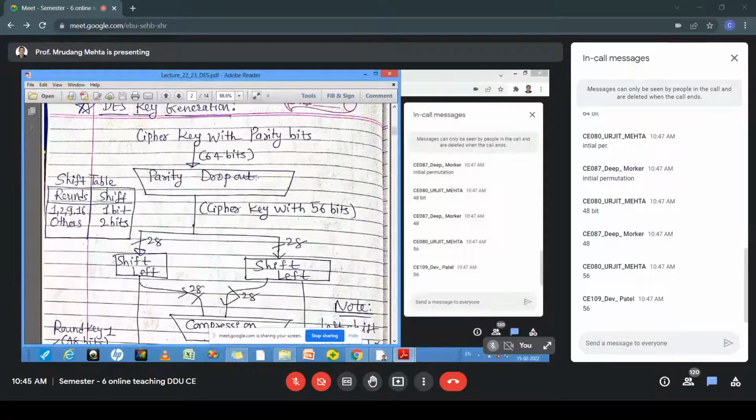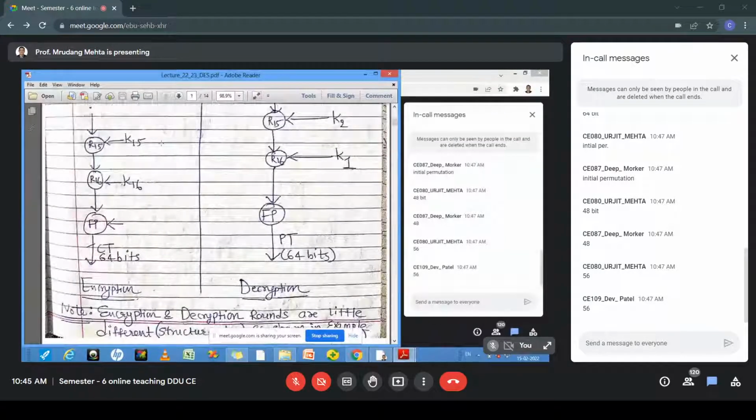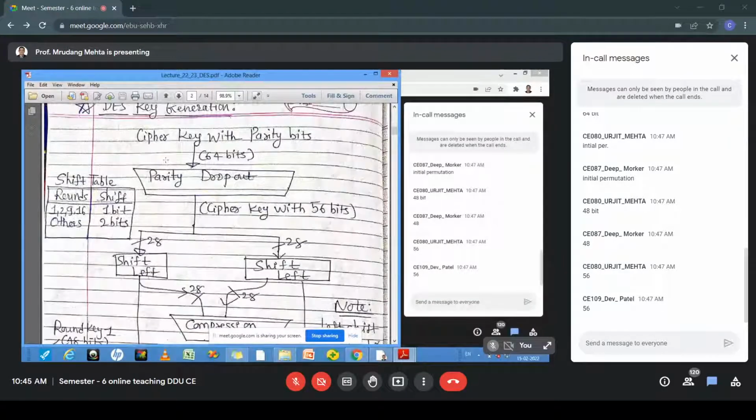Cipher key with parity bits, right? In DES encryption, you get a 48-bit key that is generated from a 56-bit key. But if you have a cipher key with parity bits, that is, a 64-bit cipher key, then you can apply the parity dropout and it generates a cipher key of 56 bits.